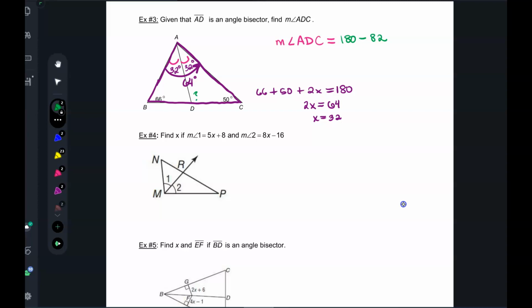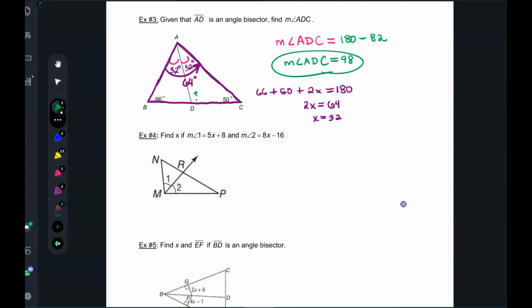See this triangle here? If I know this is 32 and this is 50, those add up to 82. Why do we subtract? Because what's the whole triangle have to add up to? 180. So the measure of the angle at the vertex is 98. That's what I want to have here. Okay.